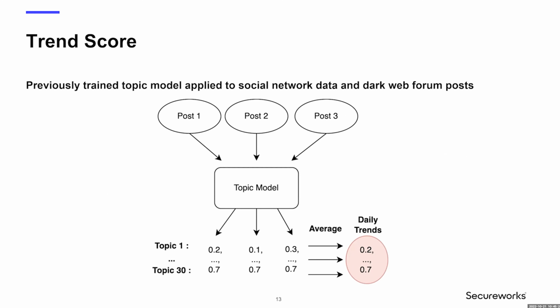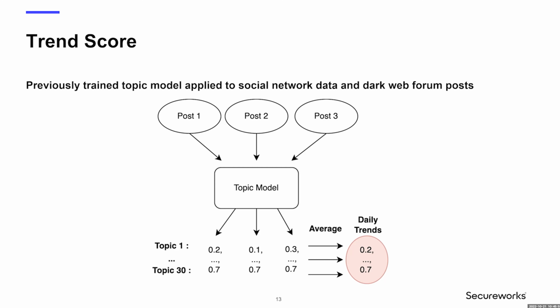Now, this is for the predictions of threats. We went a step further in using the topic model, and we now try and identify a trend score linked to vulnerabilities. We have a topic model trained on vulnerability descriptions. What we've done is we simply apply this model to online discussions, essentially tweets on Twitter that mention vulnerabilities, Reddit posts, and dark web forum posts.